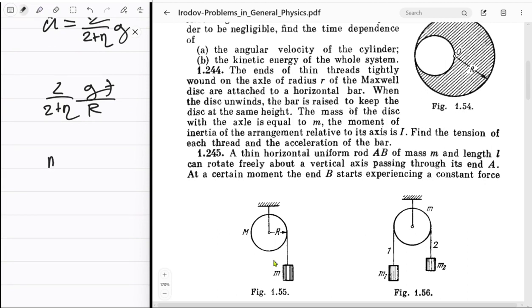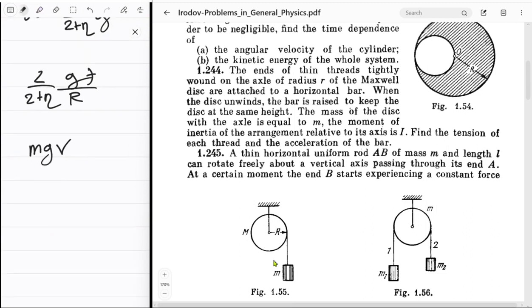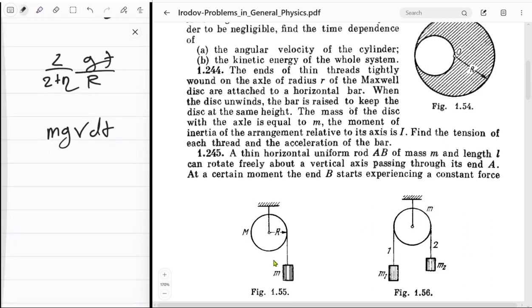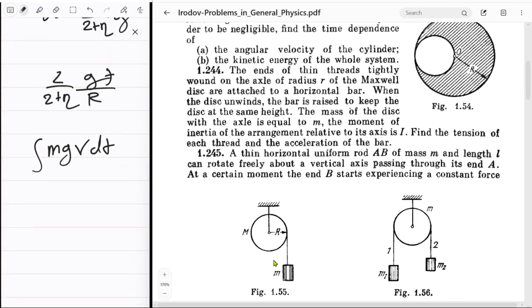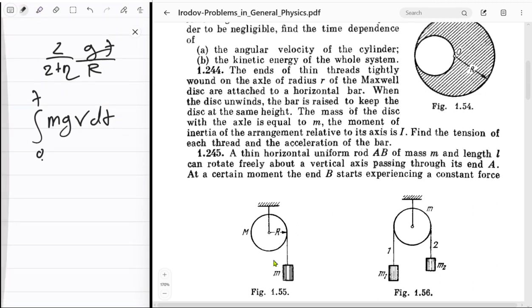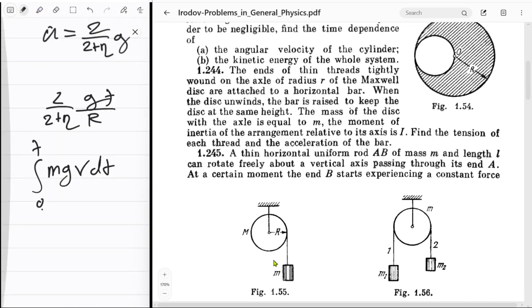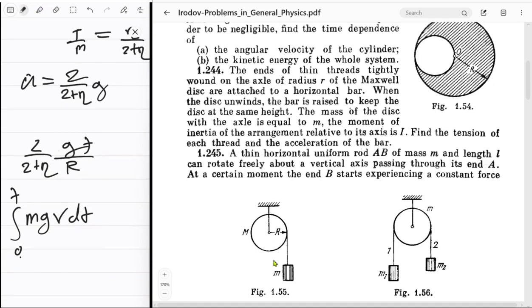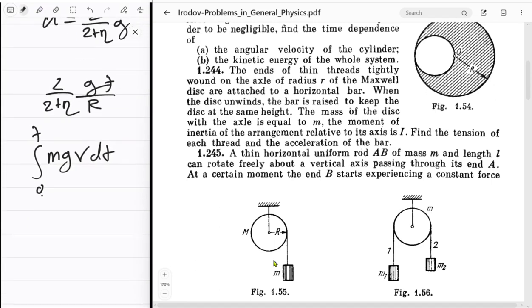So it should be mg times v, integration dt from 0 to t. That's our work done on the system, which is our kinetic energy as well, actually. So it's the work done by gravity, right? The net work done, whatever. What's v? v was just 2 upon 2 plus eta times gt.